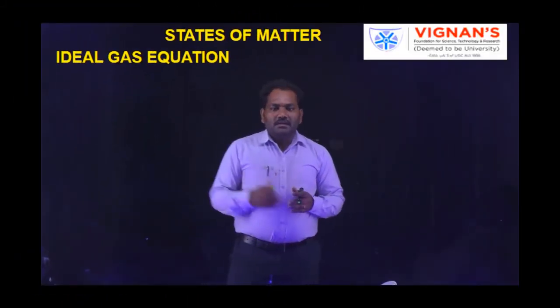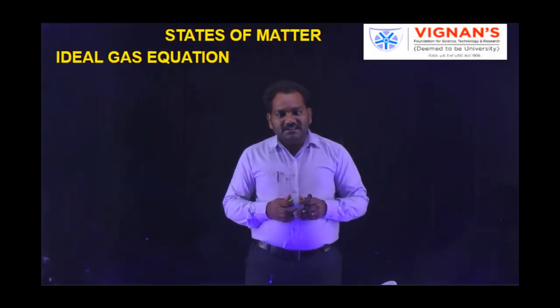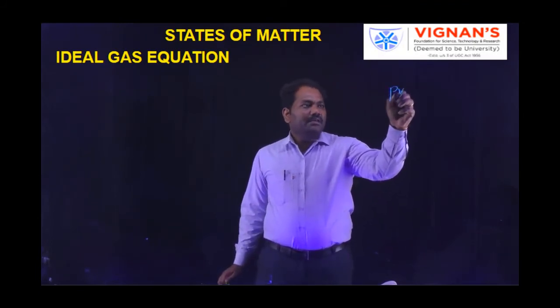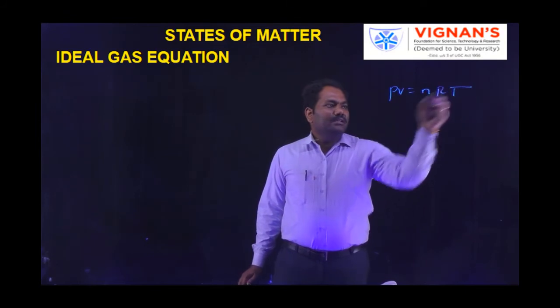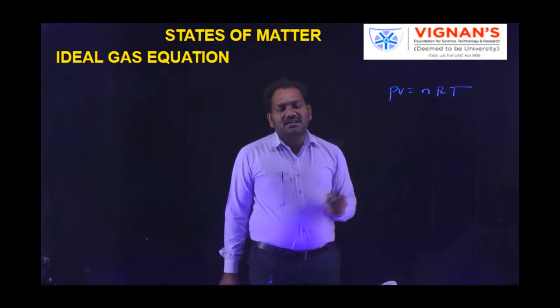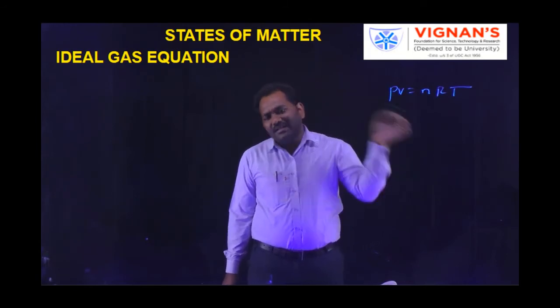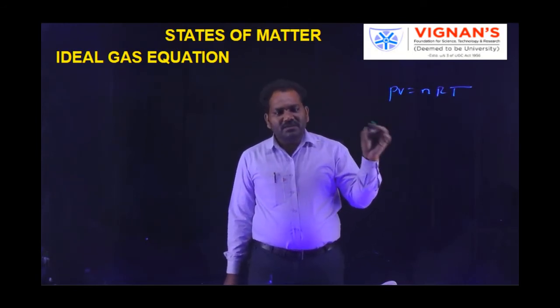We have already derived the ideal gas equation, or combined gas equation, PV is equal to nRT. Here R is called the universal gas constant. This R value is applicable for all gases; it is constant for all gases.